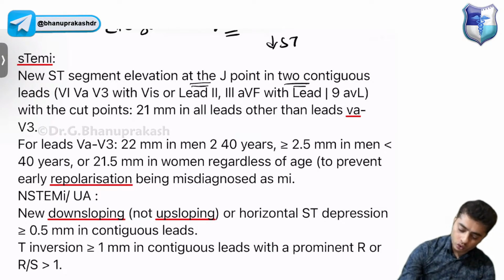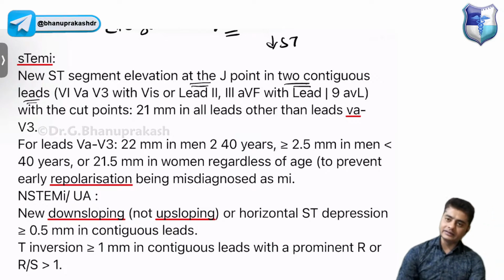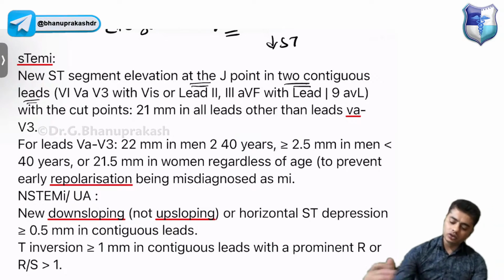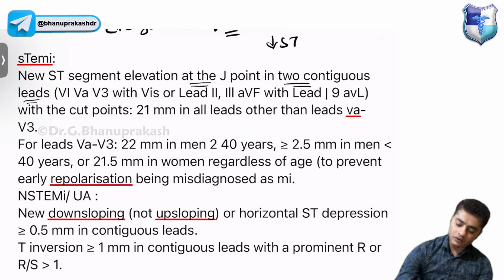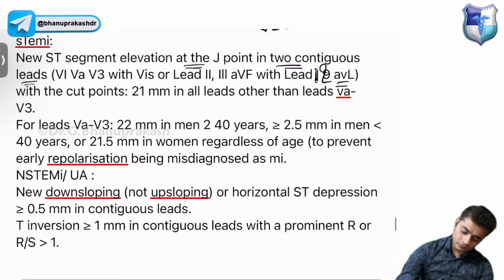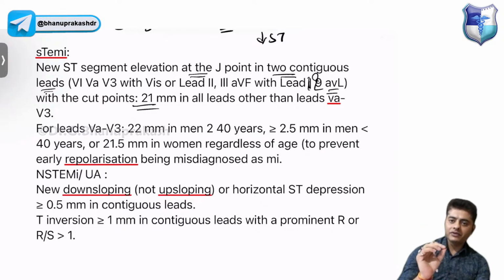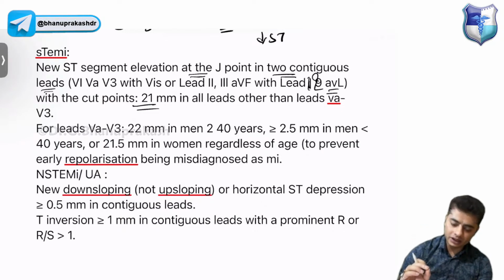And that also in two contiguous leads. Suppose V1, V2, V3, or leads 2, 3, aVF, or leads 1 and aVL. Okay. So new ST segment elevation at the J point in two contiguous leads should be there.